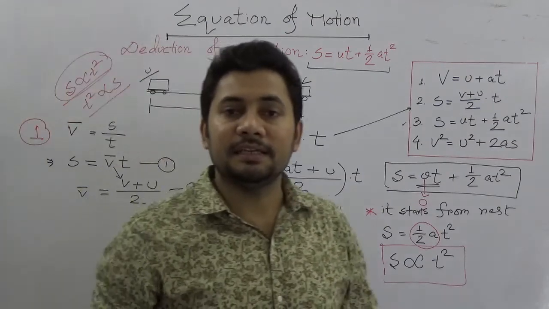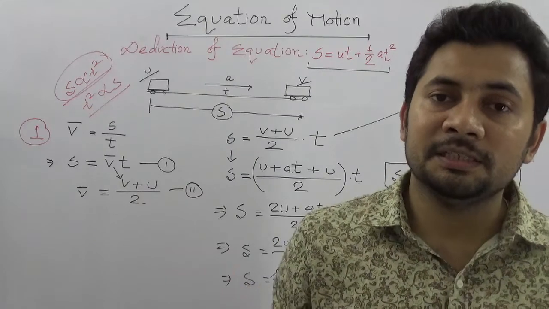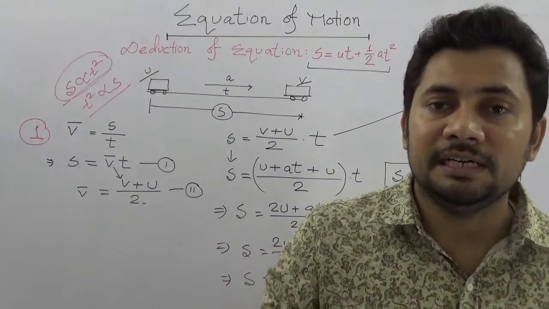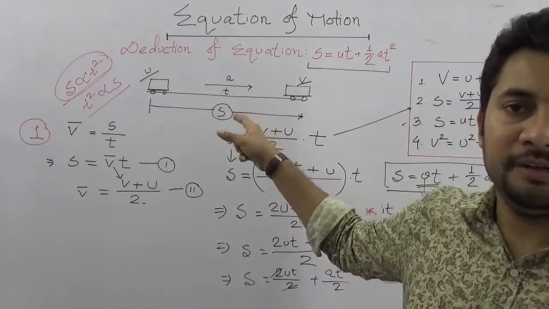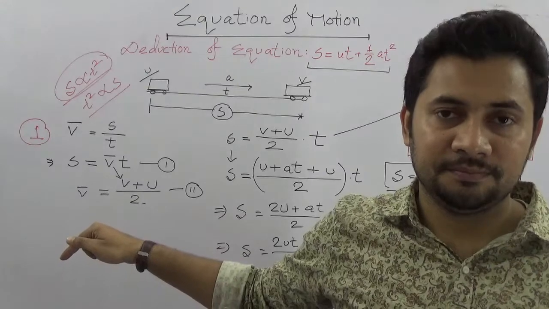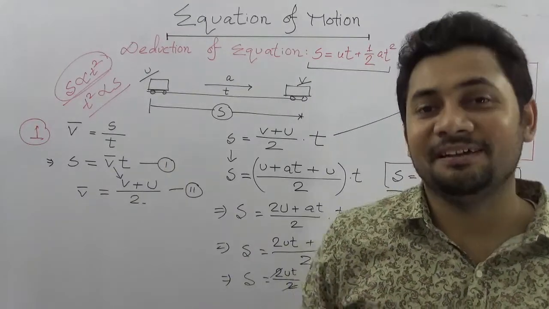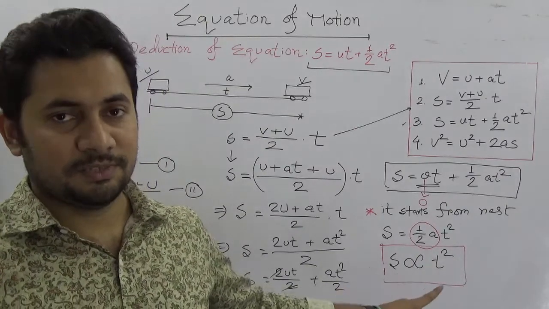So when I write that S is proportional to t squared, it means that displacement is depending on time. When time increases, displacement increases, if it starts from rest and has a uniform acceleration. So we got a new relation, that S is proportional to t squared.